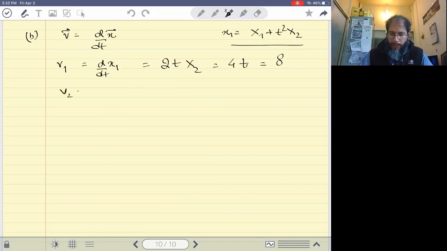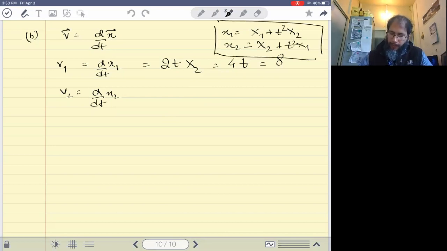Similarly, v2 is d by dt of x2. Small x2 was given as capital X2 plus t square capital X1. If I take a derivative of small x2, I get twice t capital X1.